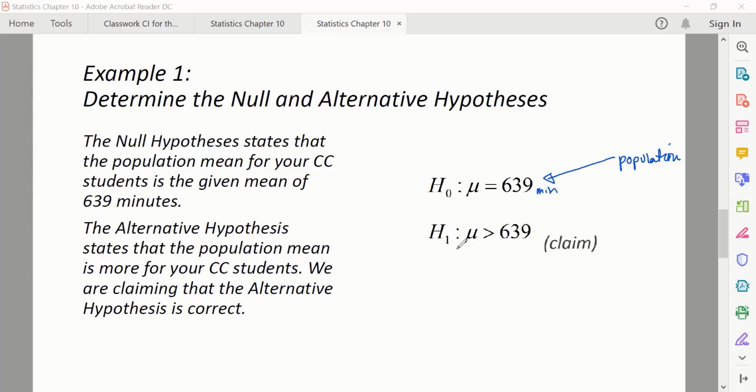So our alternative, H1, says the mean is greater than 639, and this is our claim. H0 and H1 don't get equal signs with them. They're just labels for the 2 hypotheses. The null hypothesis that the mean is 639, and the alternative that the mean is greater than 639. So we're going to try to find evidence to prove that the mean actually is greater than 639.